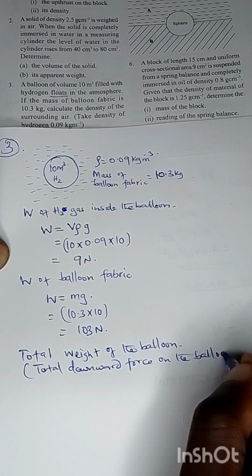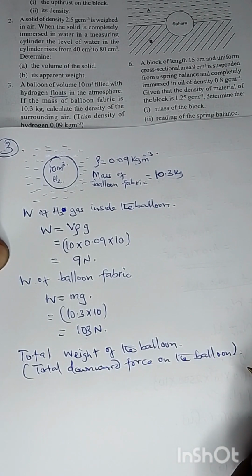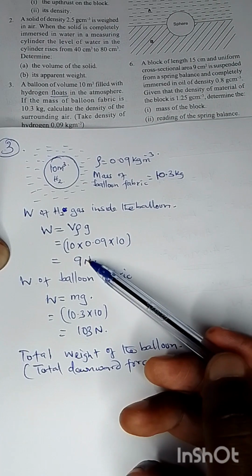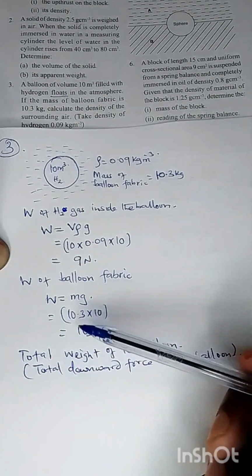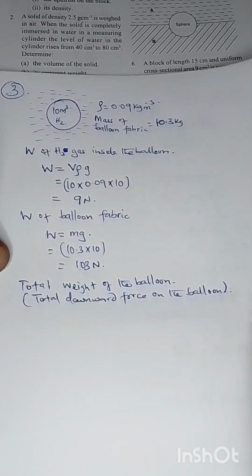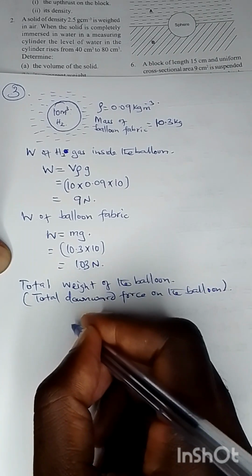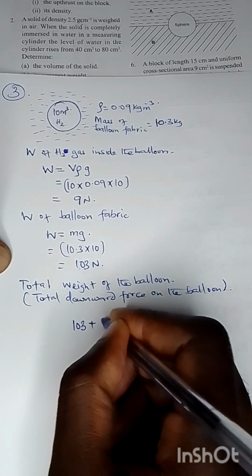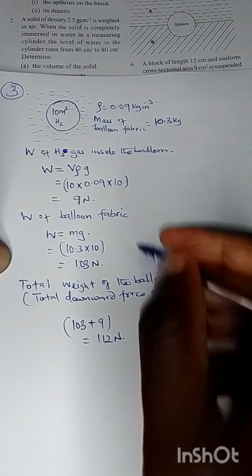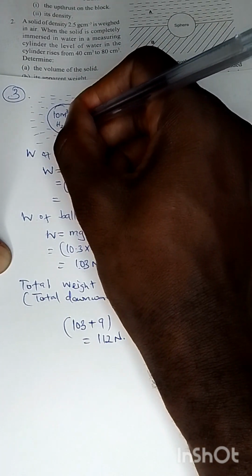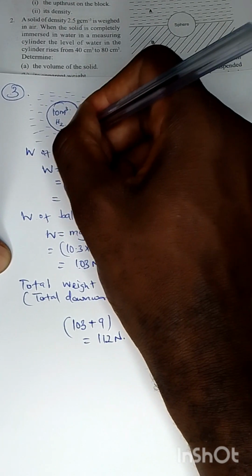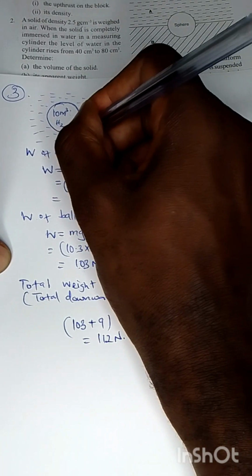This is simply the sum of the weight of hydrogen inside the balloon plus the weight of the fabric. So that one will give us 103 plus 9. This is 112 Newton. So in short, from the diagram, there is that force acting downwards here on the balloon, this one. Its magnitude is 112 Newton.